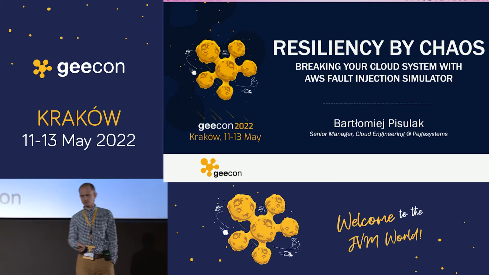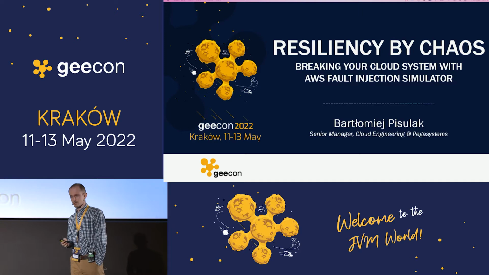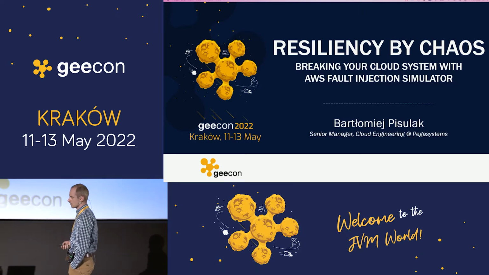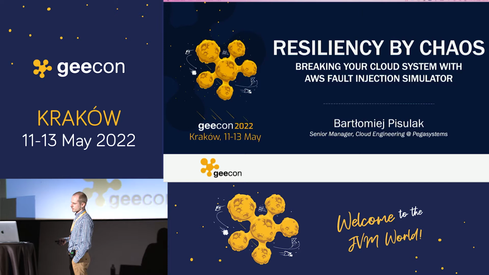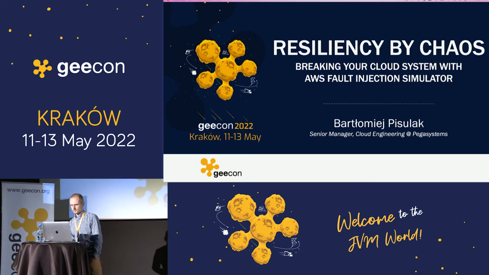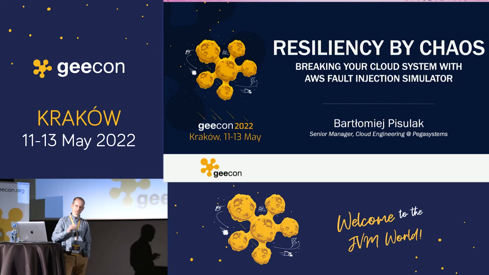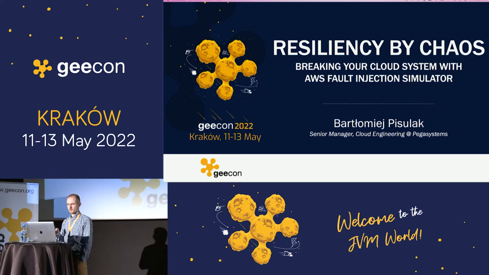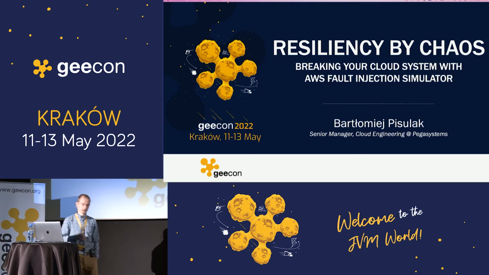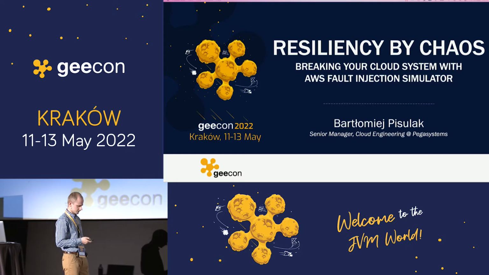And of course, don't expect a very detailed presentation about the capabilities of AWS Fault Injection Simulator, because we cannot do that in 50 minutes. But what I would like to try to do is run a small chaos engineering test against a very, very simple architecture. And we will see how it ends.